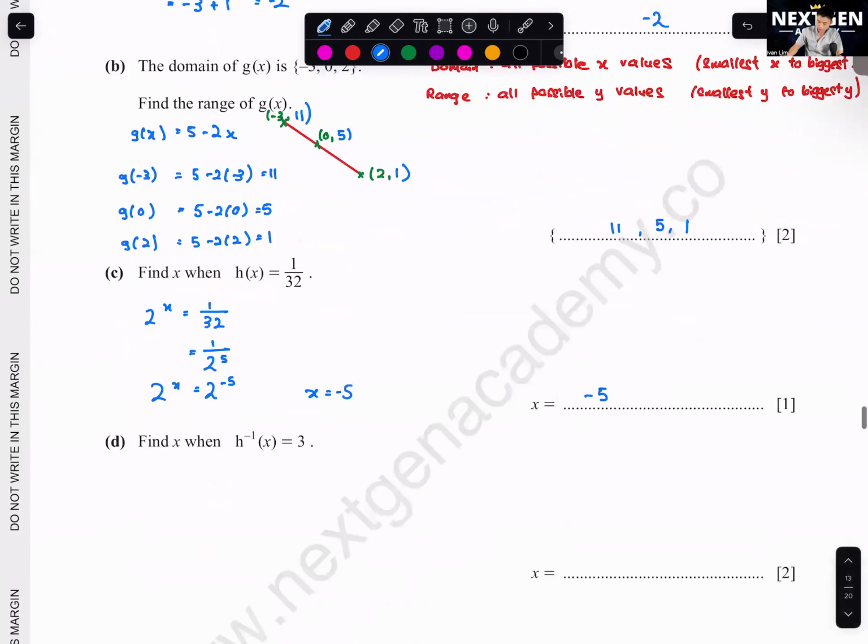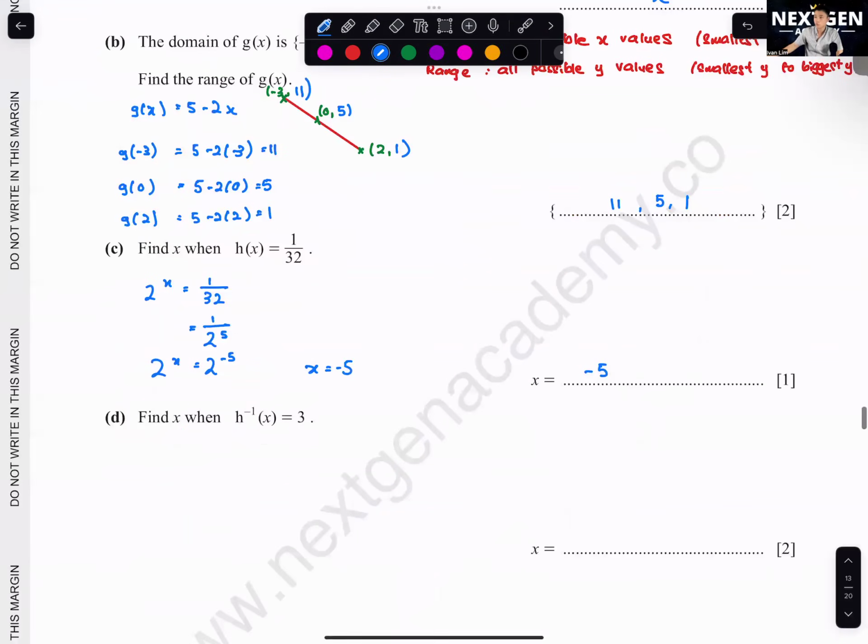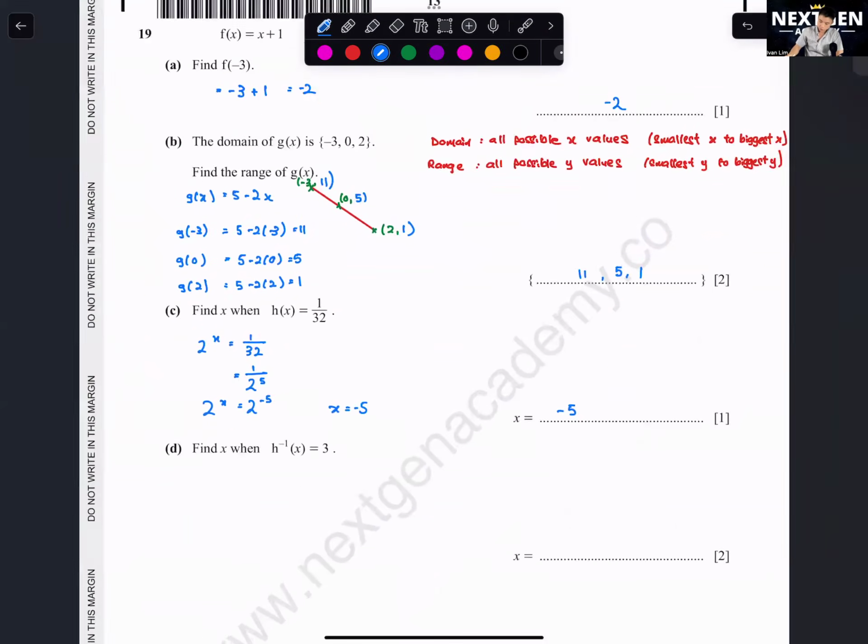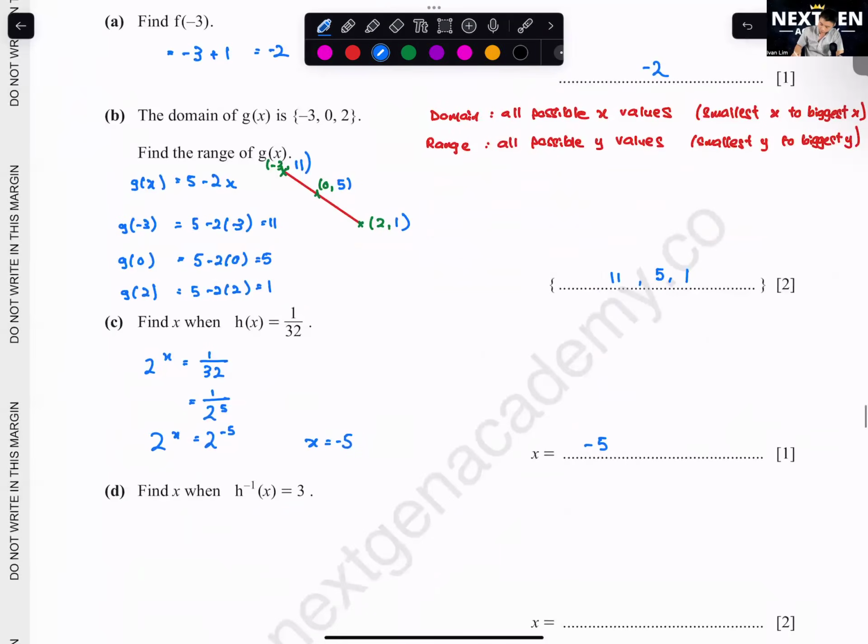Next one. h inverse of x equals 3. This question often comes out, but you don't have to do an inverse for this. Do you know how to do this question? Given to us in the question, h(x) is equal to 2 to the power x. How do we solve this one? I'm going to teach you a shortcut.